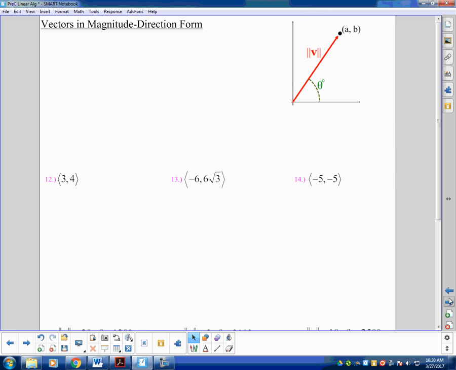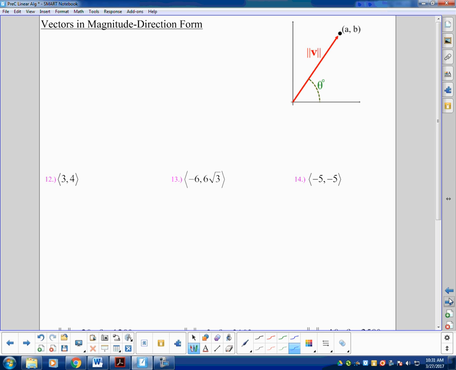All right, vectors in magnitude direction form. So this is the connection to the polar form of a complex number when we did it, let's see, 2 chapters ago. So we have some formulas here.